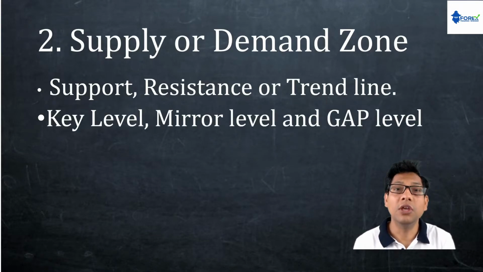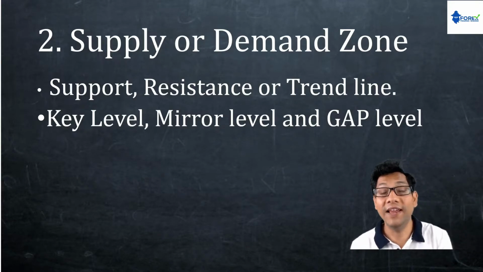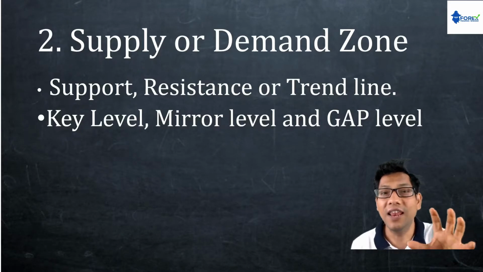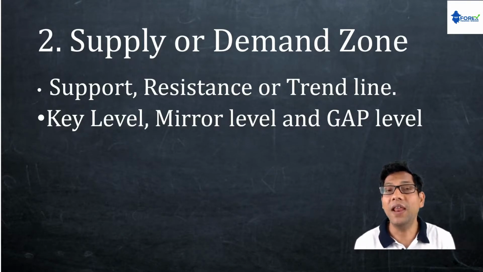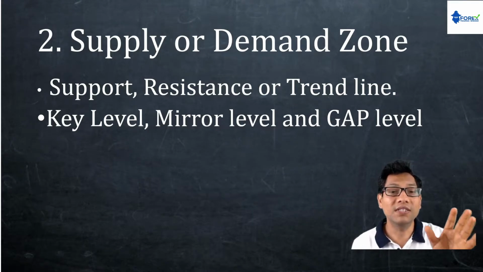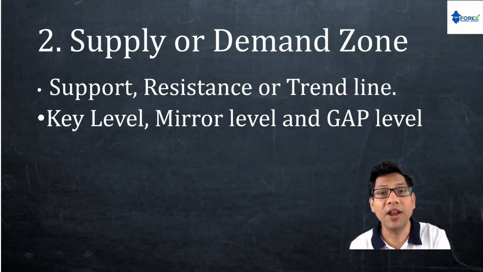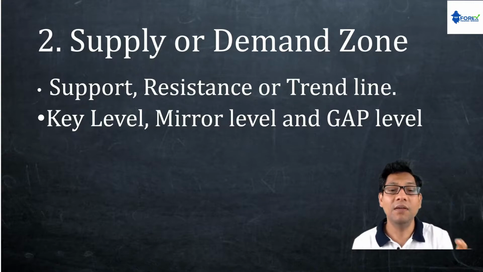And also you can identify the key level, middle level, and gap levels. So these are the levels and area of value you need to find out after identifying the market structure. So now let's find out what are these. What are support, resistance, or a trend line, and what is key level, middle level, or gap level.